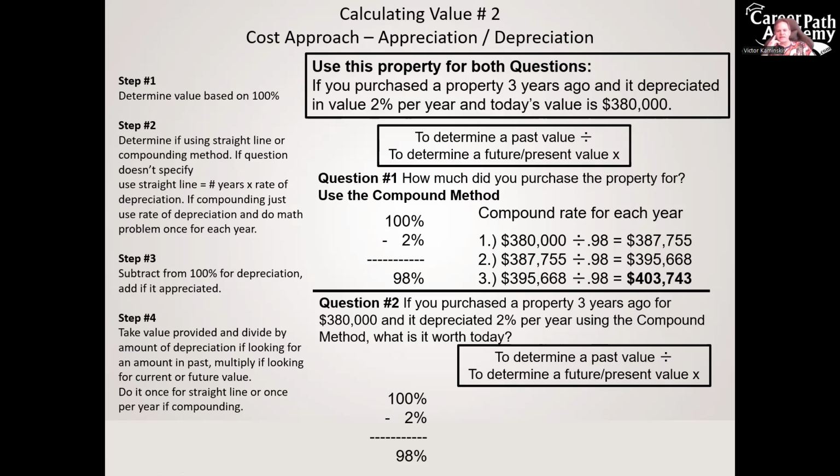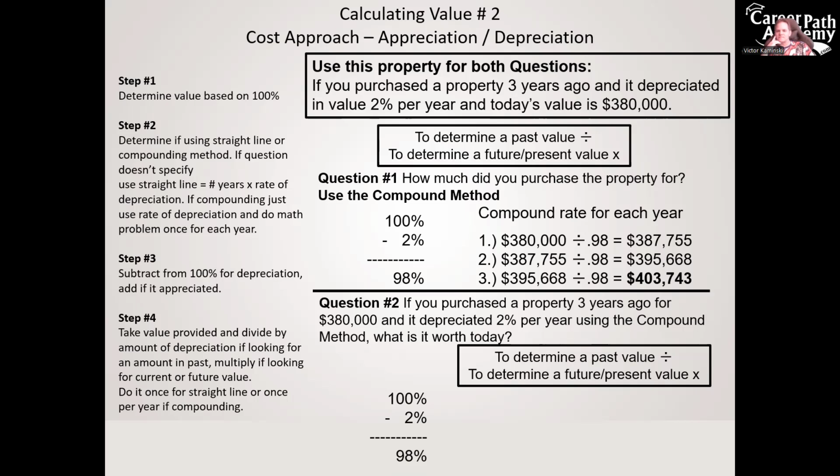What do we do with that 98% that we just figured out? Come on, look at the previous problem. What did we do? What was the next step after we figured out the percentage? We divide it by 98.